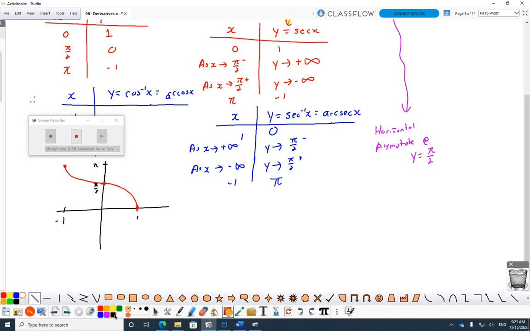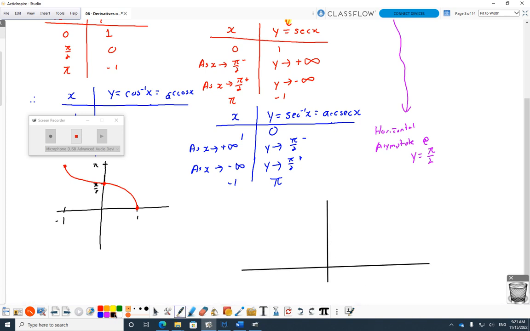You'll have room on your page too. There. A little more space there. 1, 0. Negative 1, pi. It's going to be up there. Negative 1, 1, and up here, pi.